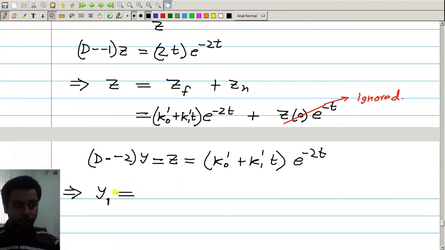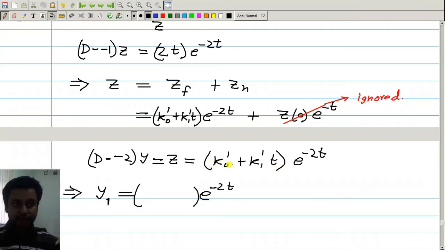So one particular solution can always be written like this: e to the power minus 2t multiplied by a polynomial. Now this time here minus 2 and here also minus 2, they are equal, so therefore the polynomial that we will get here will be of 1 degree more than this polynomial.